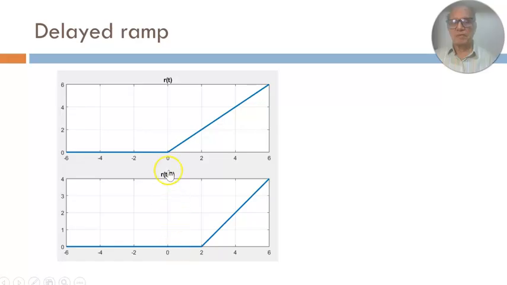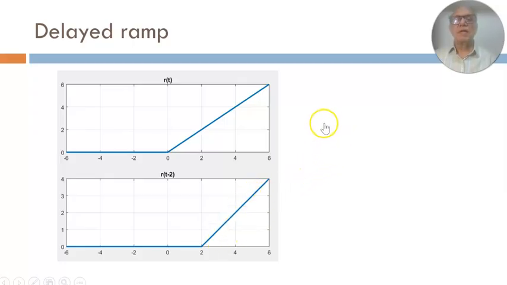So this 0 going positive becomes 0 going positive at t equal to 2 seconds rather than at 0. So delayed by 2. Slope remains same, although it may look higher, but scale is different. You can see here the highest point here is 4, and as you go from 2 to 6, the base units are also 4, the height is also 4, so the slope has not changed.